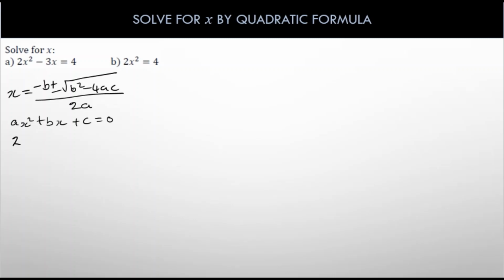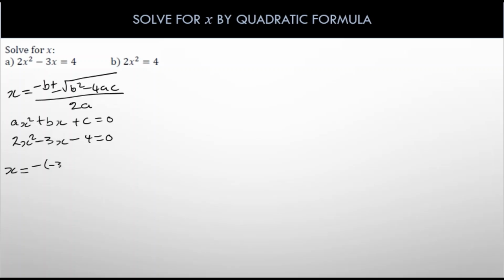So this will be 2x squared minus 3x minus 4 is equal to 0. Then we know that the value of a is 2, the value of b is -3, and the value of c is -4.